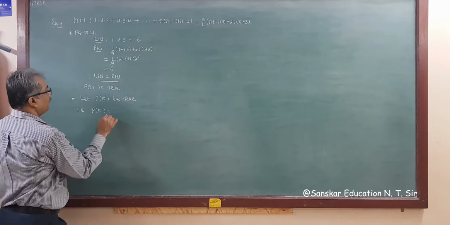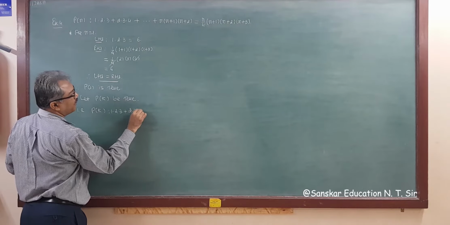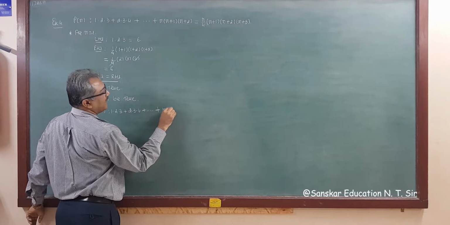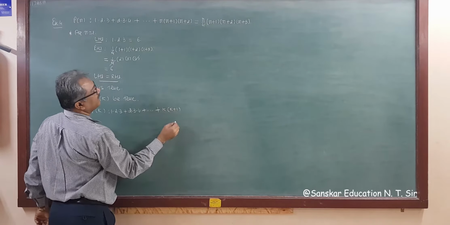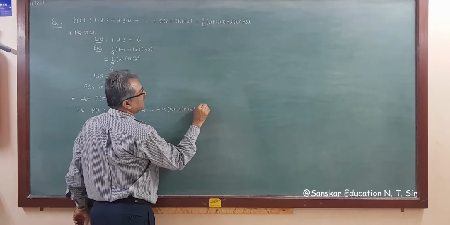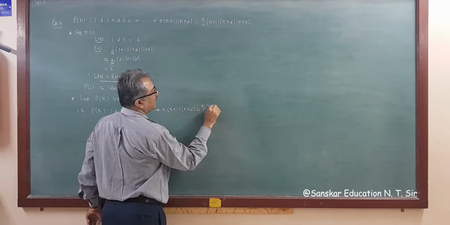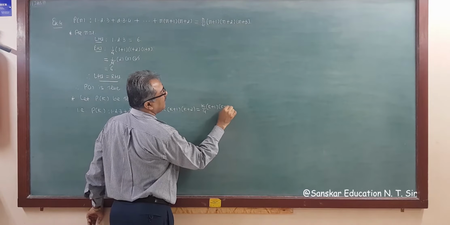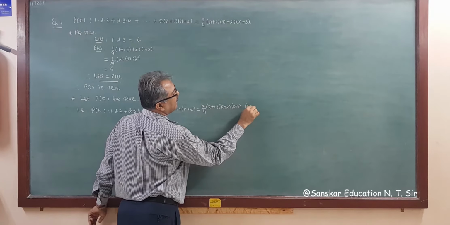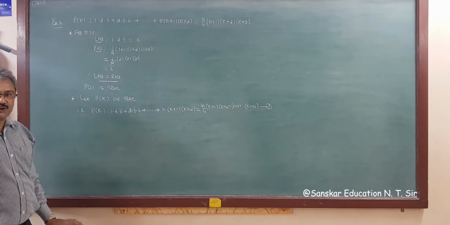So 1 into 2 into 3 plus 2 into 3 into 4 plus up to k plus 1, k plus 2 is equal to k by 4 times k plus 1, k plus 2, k plus 3, k belongs to N, reason number 1 as usual, right?